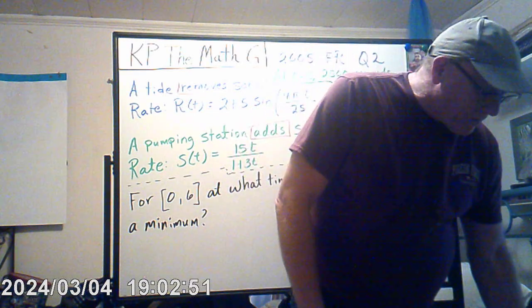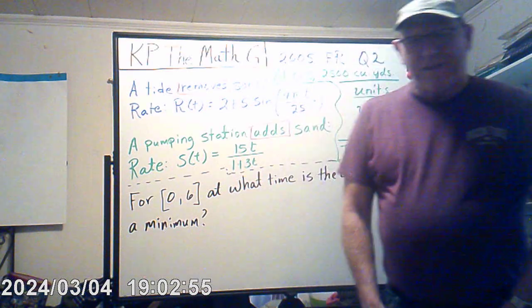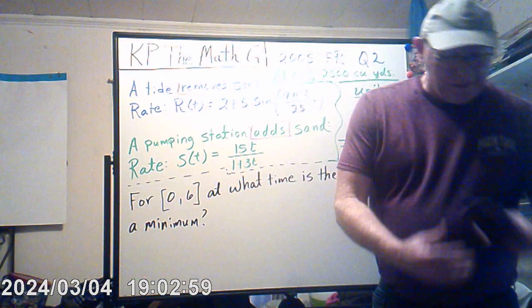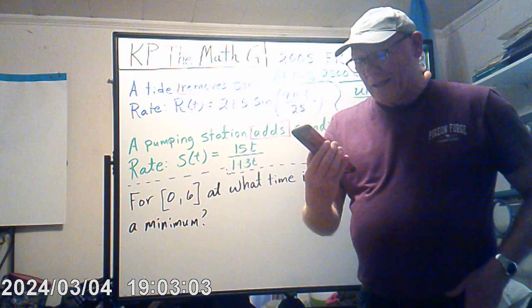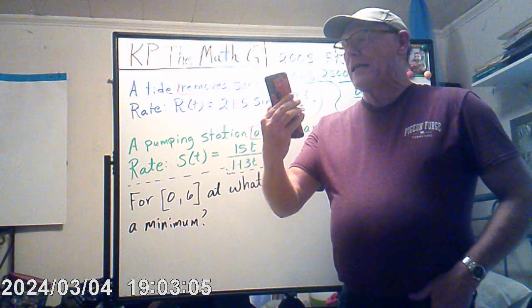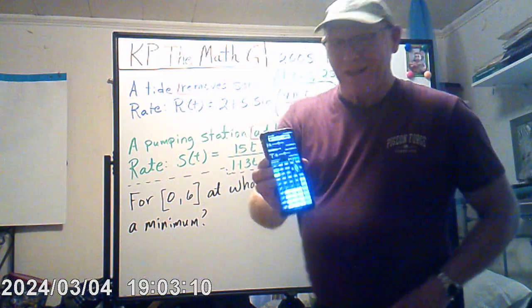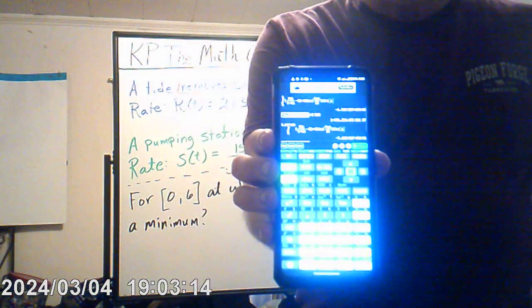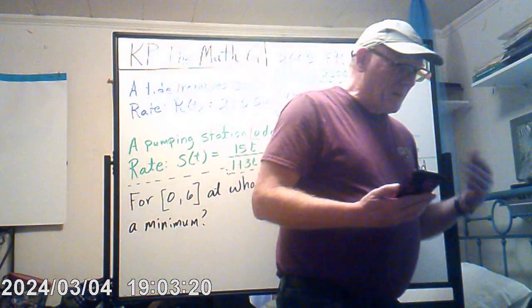But I wanted to come back. I've been working on this problem for a little bit now. I've got this on my phone. I downloaded the TI-84 Plus, and I've got this screen. I don't know if you can see that or not. This screen is on my phone, and it may be for limited use only.